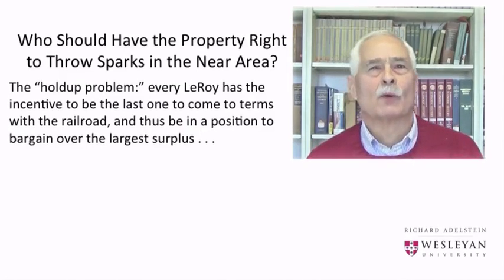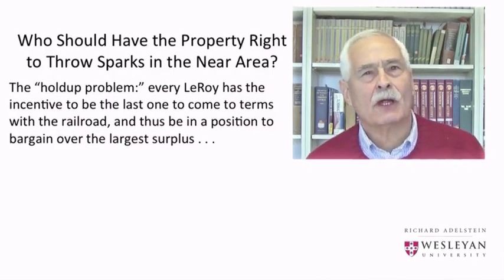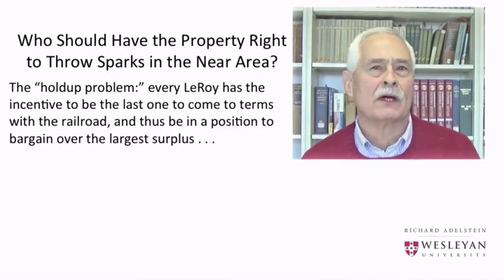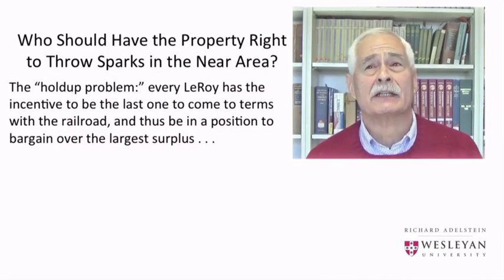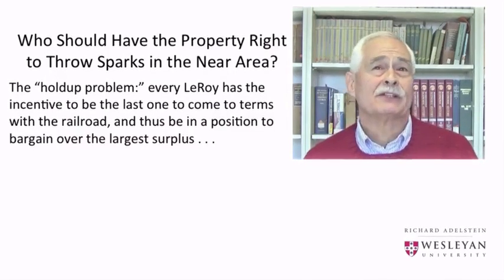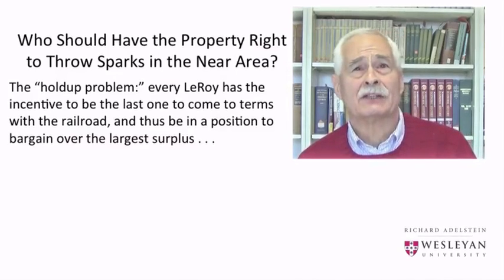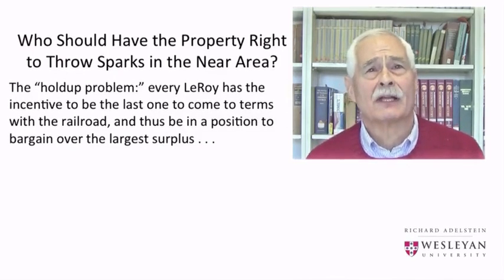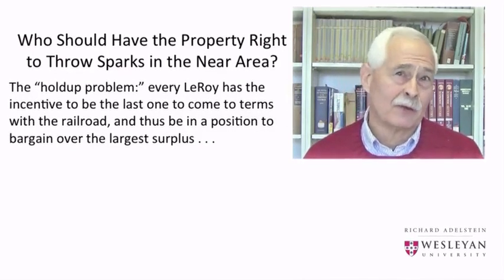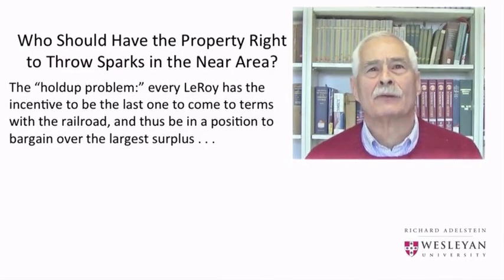The hope of Leroy number 100 is that the railroad, being so close to the completion of all 100 deals, and thus to the success of its railroad project, will be induced by the situation to meet Leroy number 100's demands and pay a much greater amount than the $2,000 the railroad has paid to all of the previous Leroys to this last Leroy who is holding out.